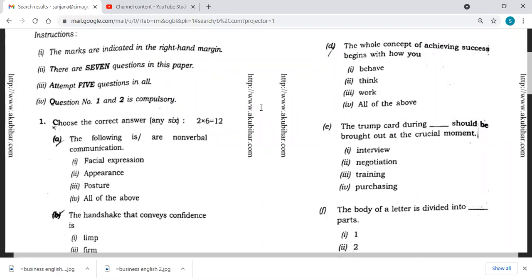We use facial expressions. We speak with appearance, what we are wearing. Whenever we wear something good for a party, you will understand that the person is going to the party.